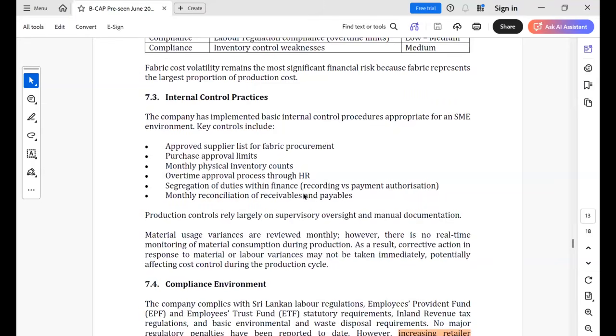So, internal control. When you see internal control, what should come to mind is the internal audit. There is no internal audit being carried out in this company. So you don't need to set up a large internal audit department. At least one or two people must be there to check every day, each and every section, including finance.